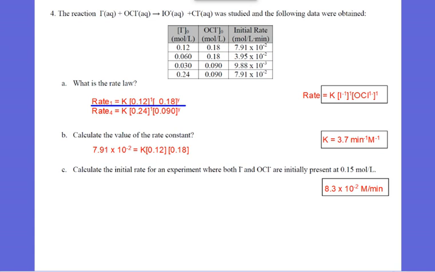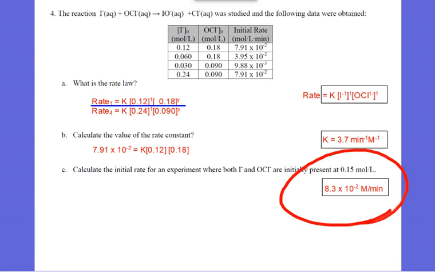But you solve for K, and K is 3.7 per minute per molarity after you deal with all those different units. And then what if we plug 0.15 into both spots, and we plug our K into there, and we can calculate the rate for a new reaction.